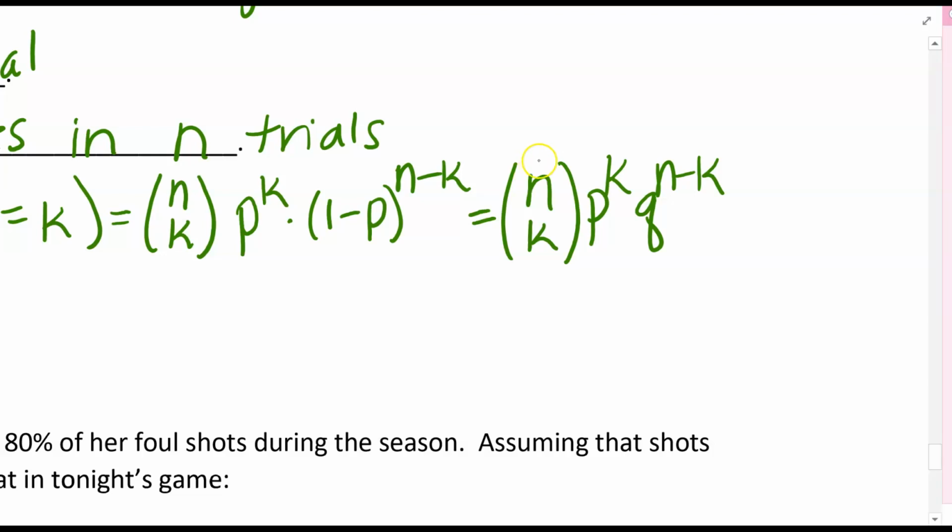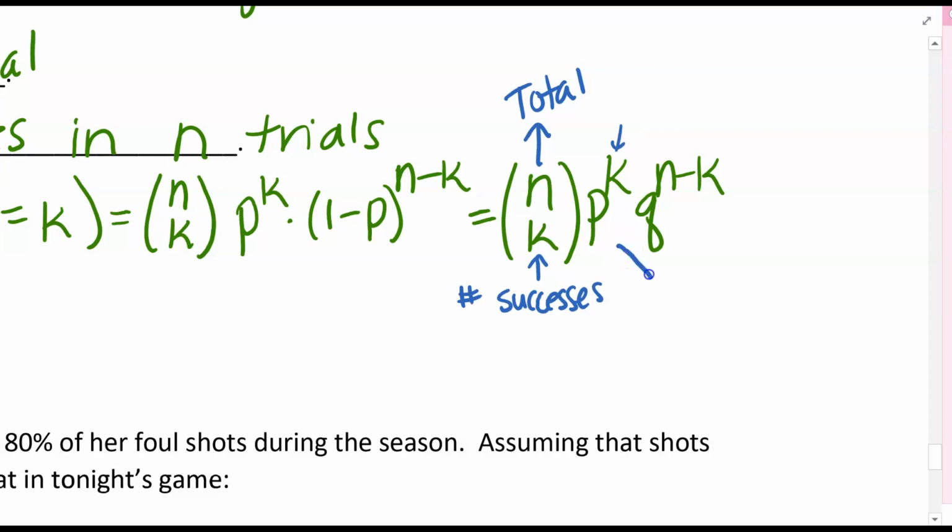Okay. N is the total. And then K is the number of successes. And then P stands for, so K is up here, so that's still number of successes.